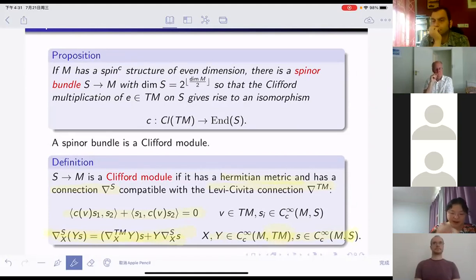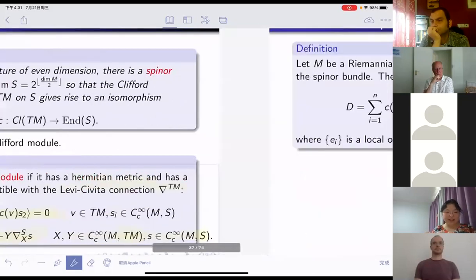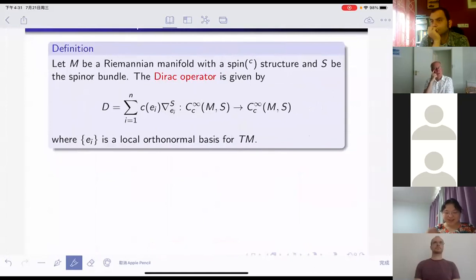And with these two extra conditions, one can finally define the official Dirac operator.